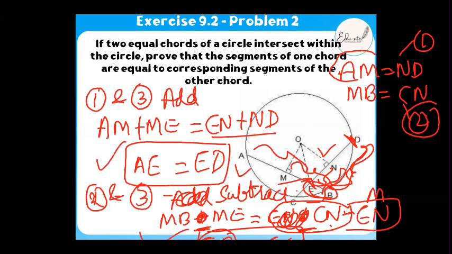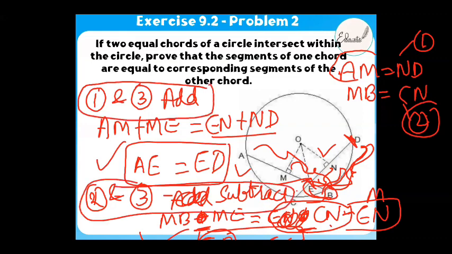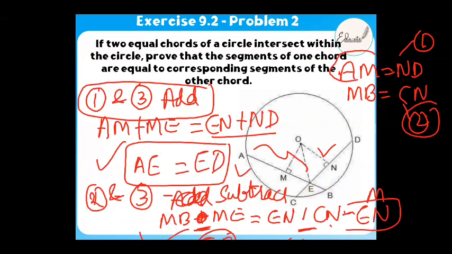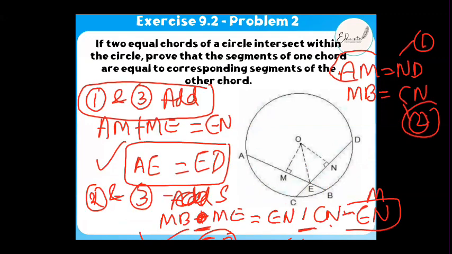You'll understand it. Just write 1 and 3 add, 2 and 3 subtract. I want you to write the answer in your rough book. Did you understand this, Laiba? Any doubts here? What did we just do?